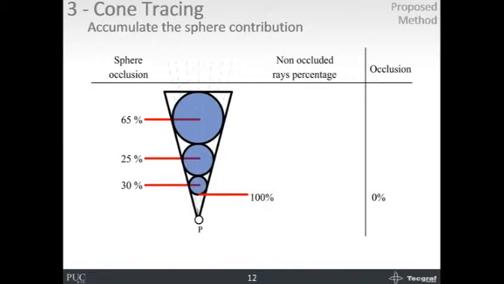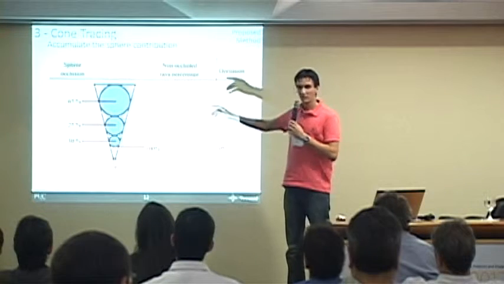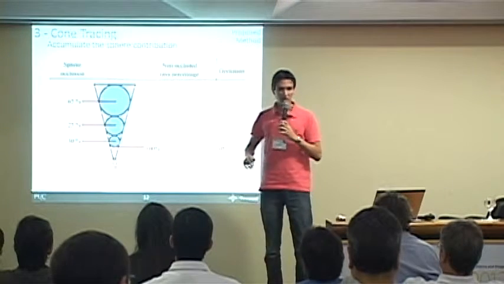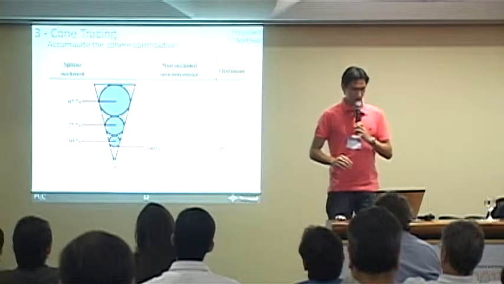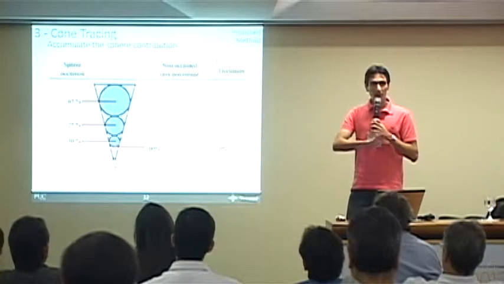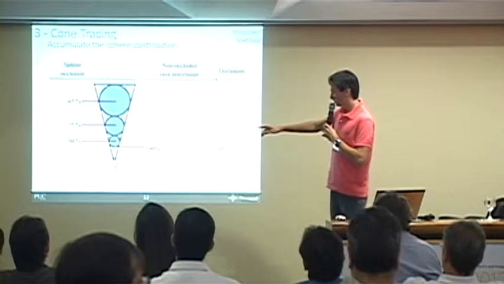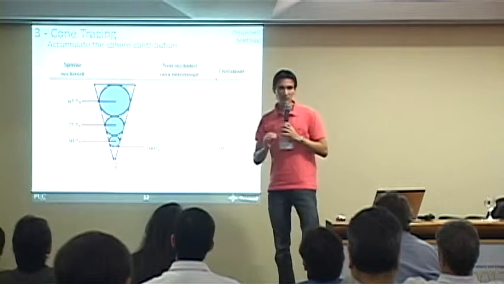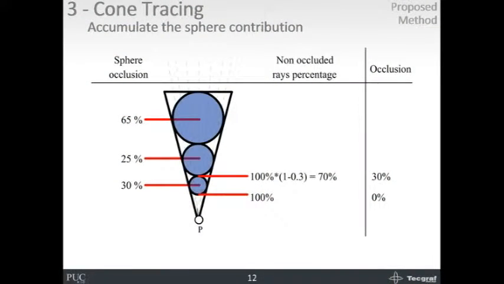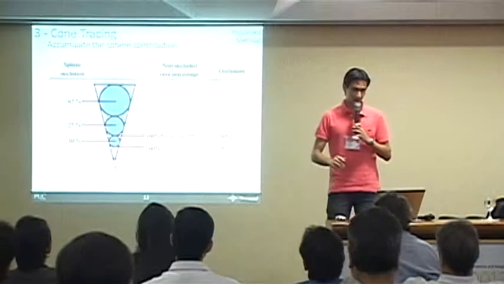We explain this with an example. Here we have a cone composed of 3 spheres, and each sphere has its occluded volume calculated. The first has 30% of occlusion, the second 25%, and the third 65%. As the cone represents a bunch of rays being traced, at this point, before the first sphere, we have 100% of the rays. After the first sphere, 30% of the rays were blocked, so we have 70%.